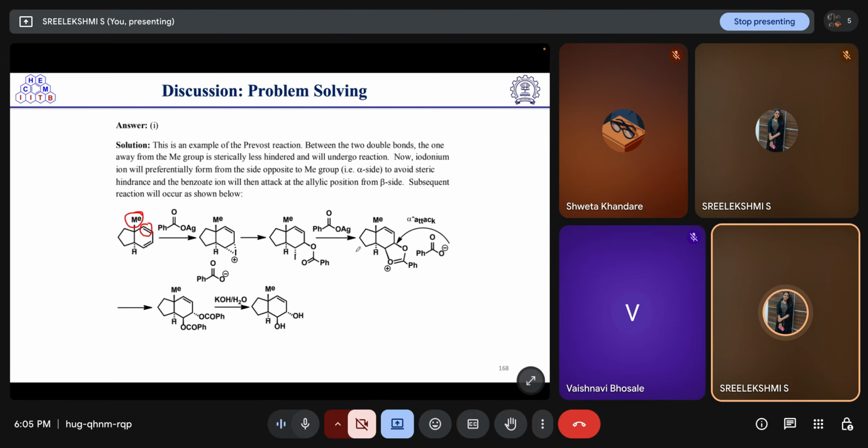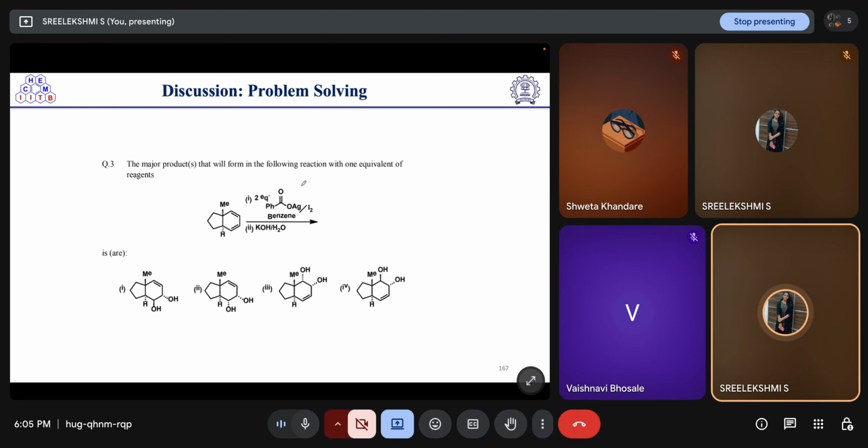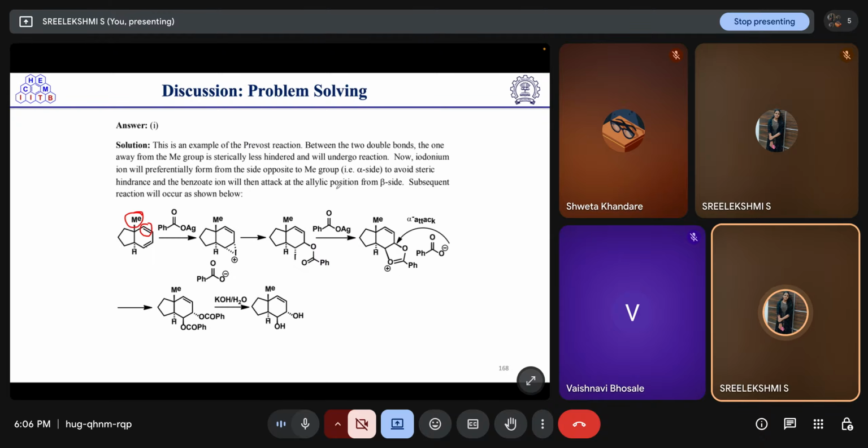Then this intermediate will form. A second benzoate will attack because water is not used in the first step. Here we can see no water is there, only silver benzoate, iodine and benzene. This water is for hydrolysis. If water is used at this stage, then a water molecule will attack instead of the second benzoate. Here the second benzoate attacks, forming this dibenzoate. Then hydrolysis using KOH and water will give the corresponding anti diol.